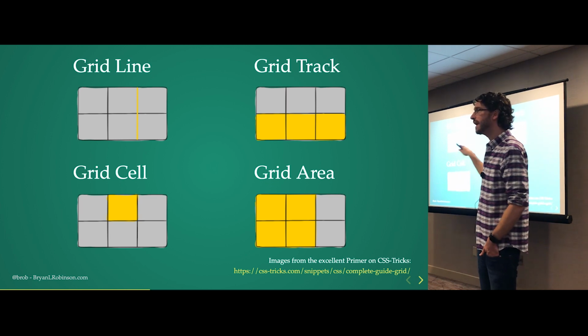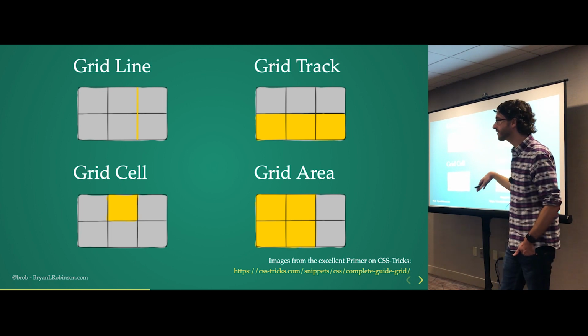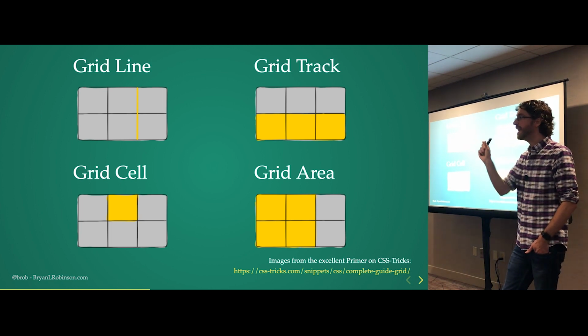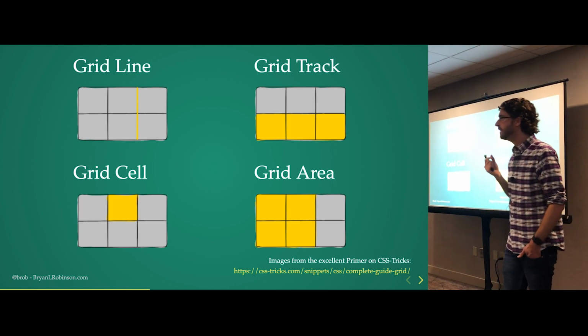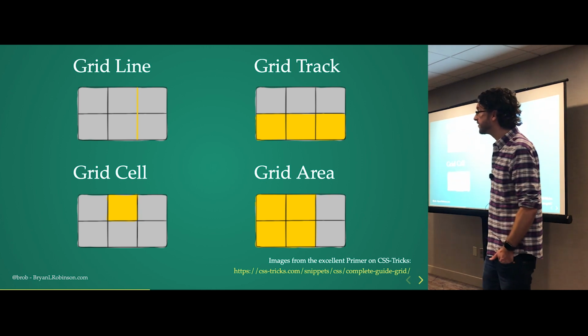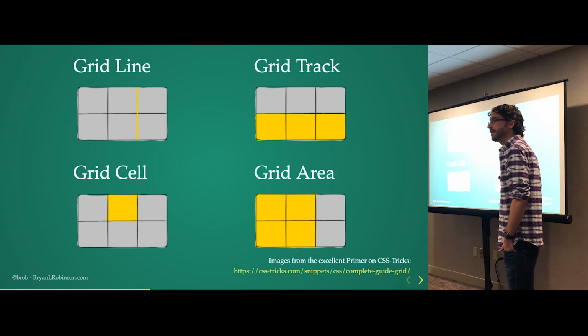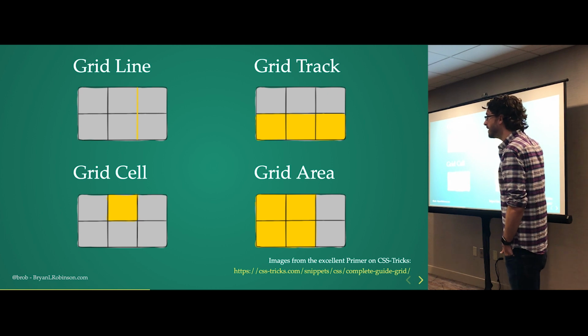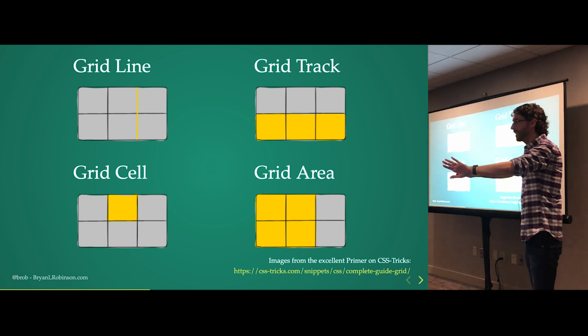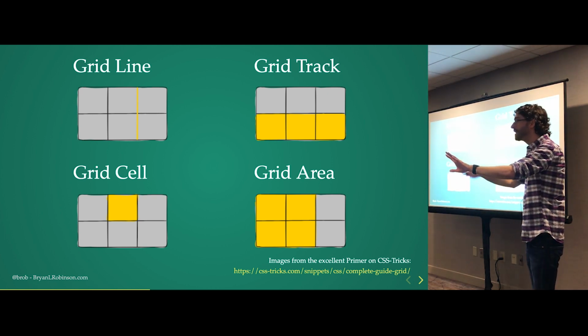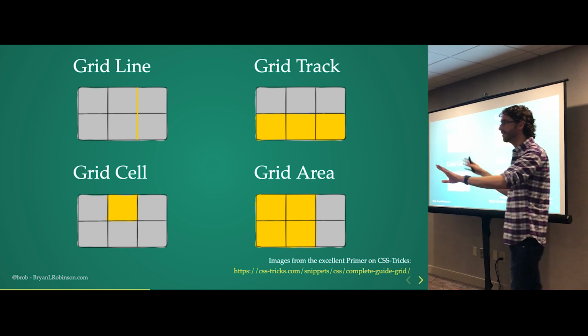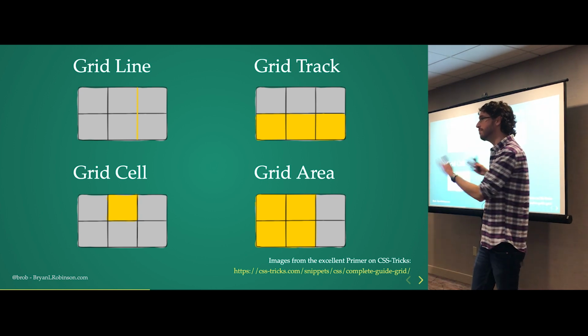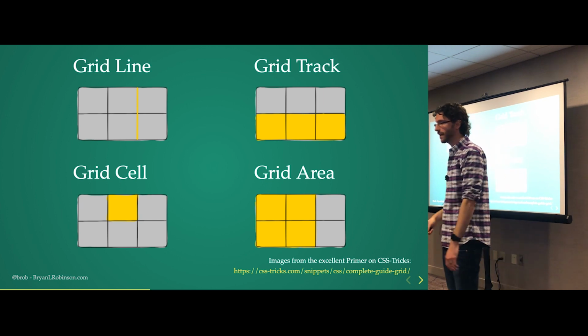Then if you have 4 adjacent intersecting grid lines, we get this idea of a grid cell. It is the base visual unit of a grid. And then when you put more than one of those together, you get a grid area. Grid area does not mean the same thing as grid template areas, right? Grid template areas makes a grid area, but there's like 4 other ways in CSS Grid that I'm not going to get into now that can make grid areas. Grid area is the generic term.